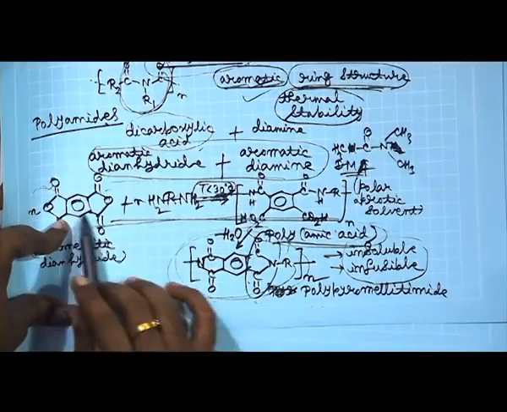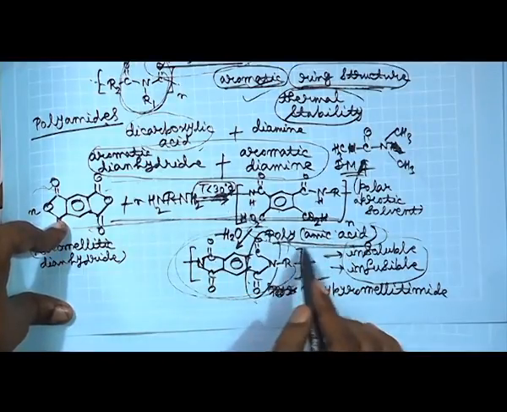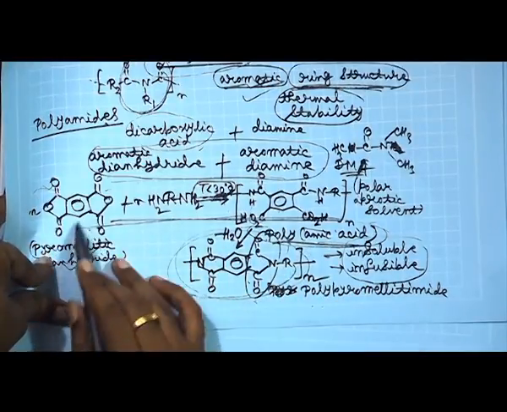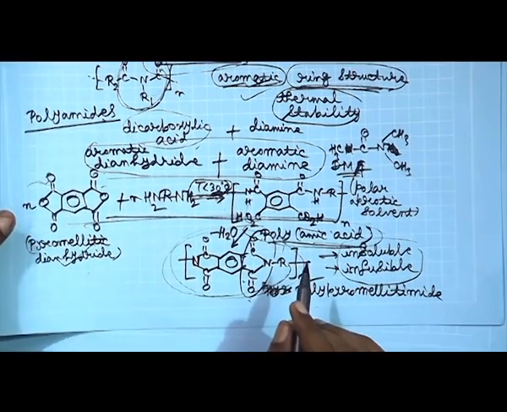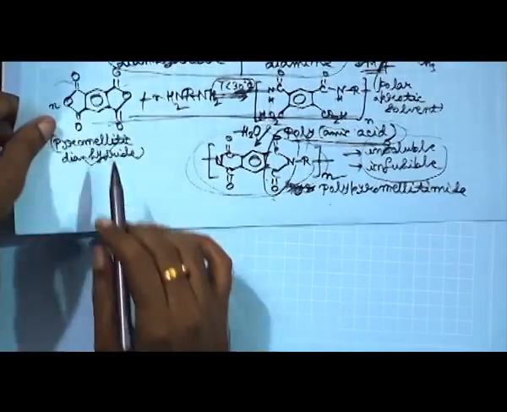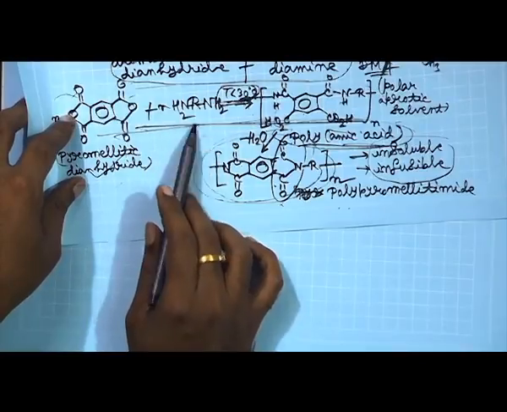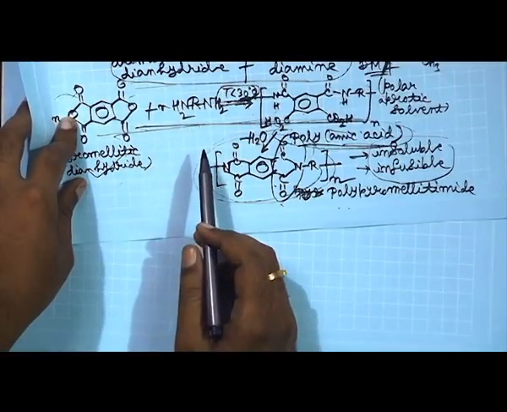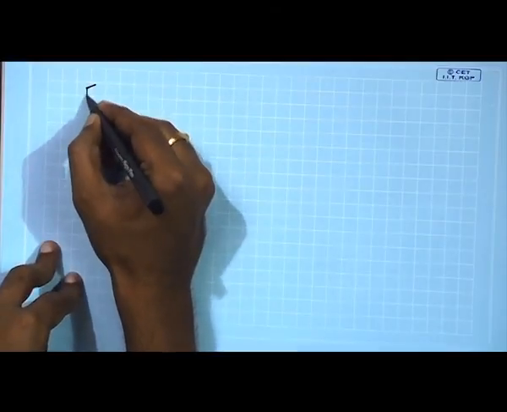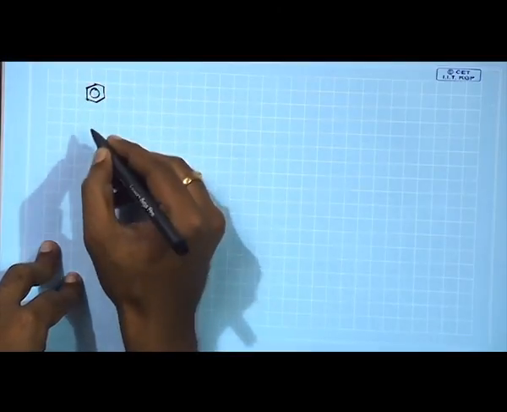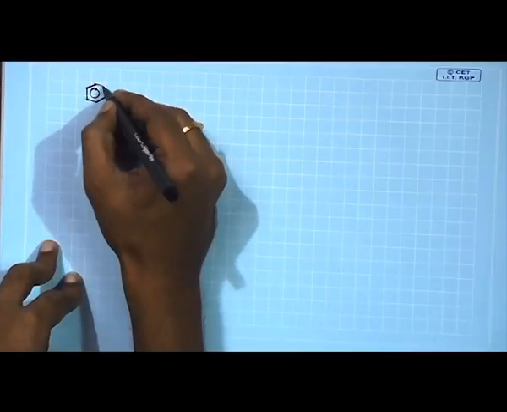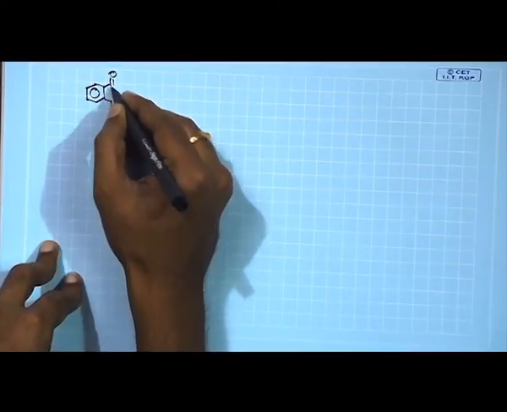Now, an example of polyamic acid preparation, of course, we have already discussed one example. Another example could be, you start with pyromellitic dianhydride, say PMDA, and you take a specific diamine.